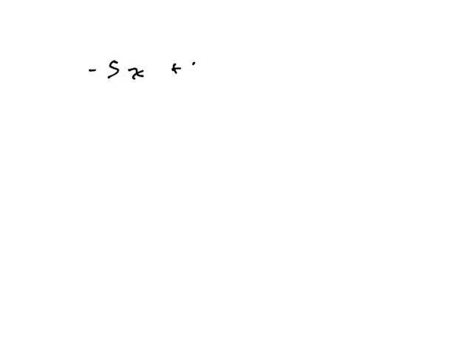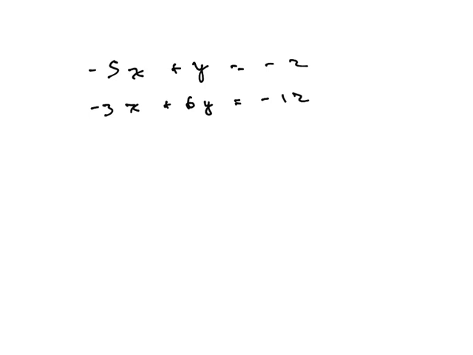Minus 5x plus y is negative 2, and negative 3x plus 6y is equal to negative 12. So what a math guy might do is he'd say, aha, I'm going to manipulate the equations to get rid of one of the variables.